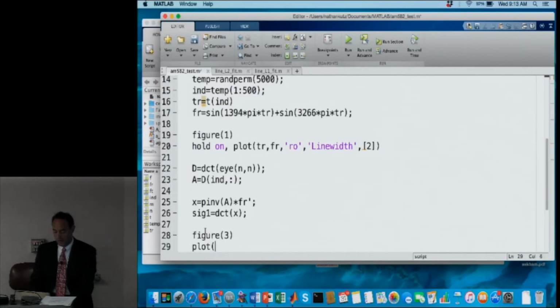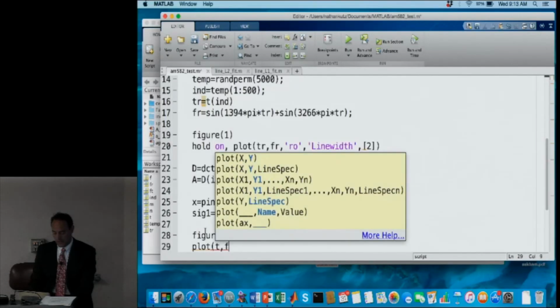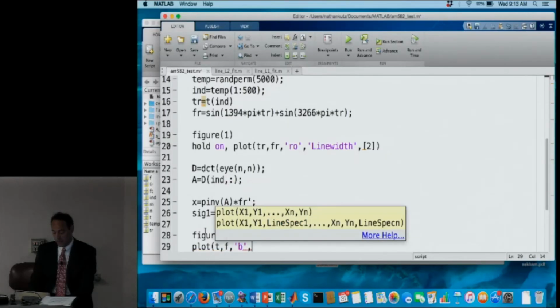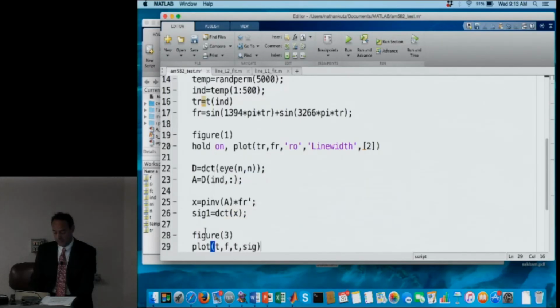I'm going to plot the original signal, which is T versus F, and let's make that blue. And then also we'll plot T versus sig, sigma 1, yeah, sorry.